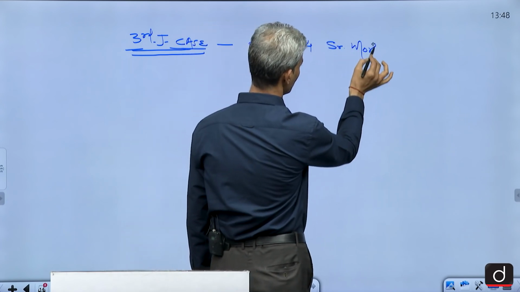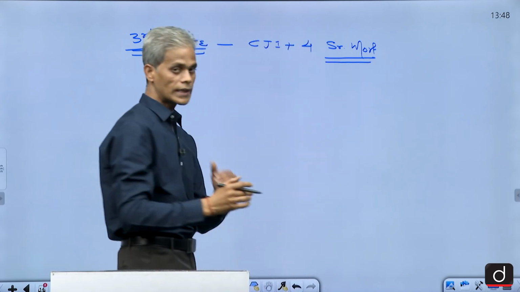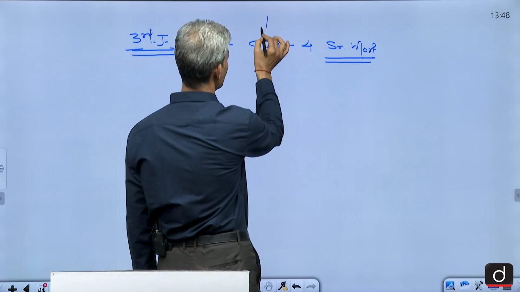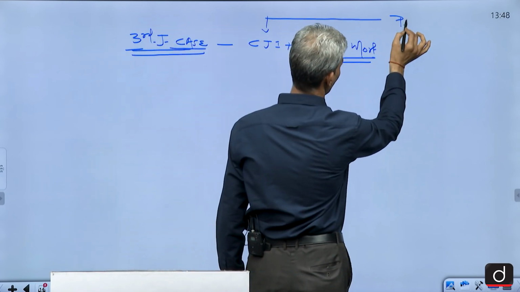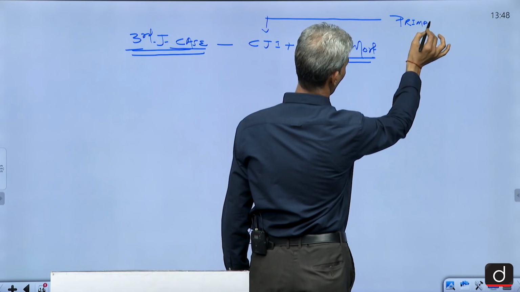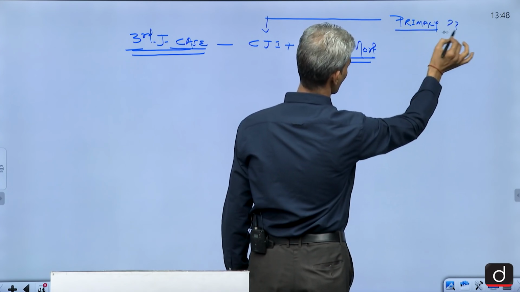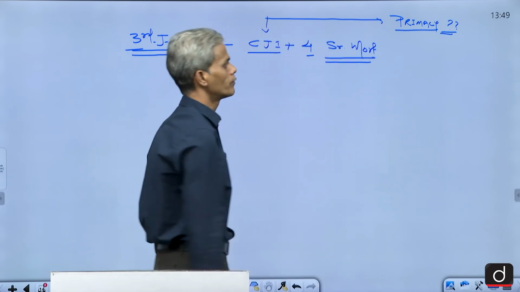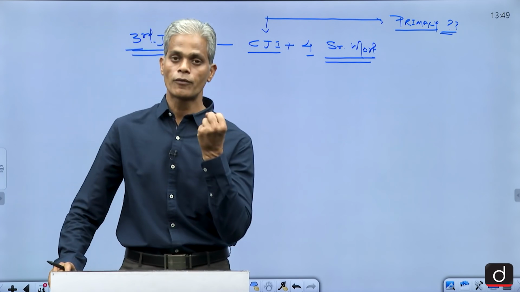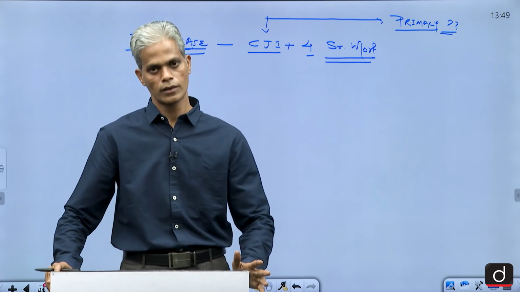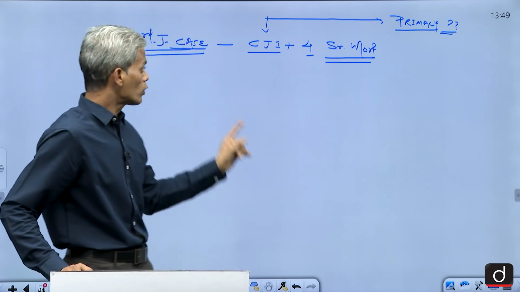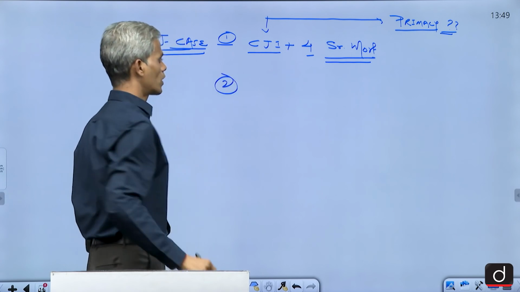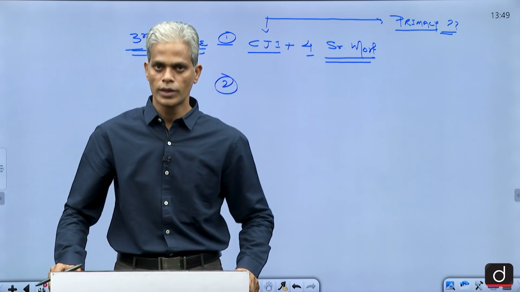That means they tried to make it more democratic. When we say more democratic, earlier what was it? The CJI, because of the primacy principle, was enjoying the sole power, but now that power has been bifurcated as CJI plus 4. That means there would be a 5-member body known as the collegium system. This is the first thing: they have added more members to the collegium system to make it more democratic.